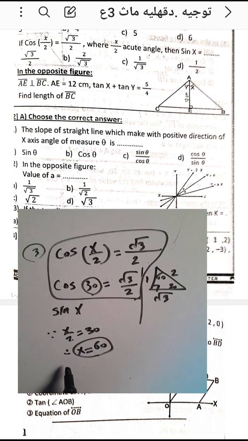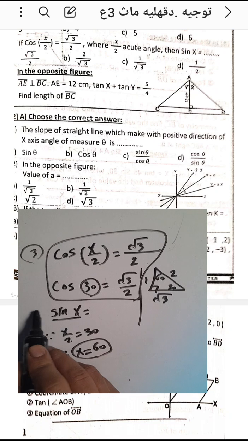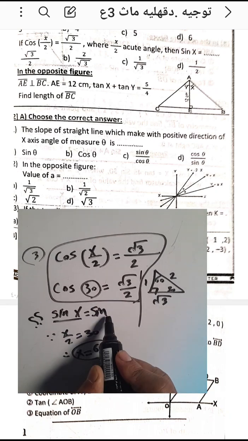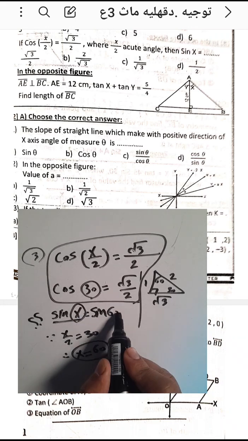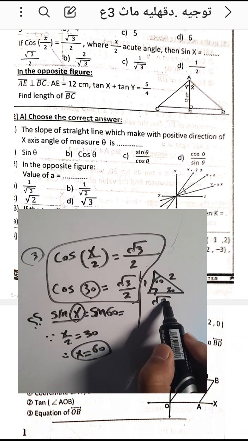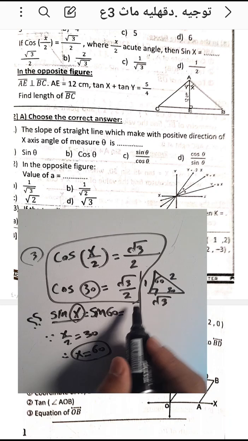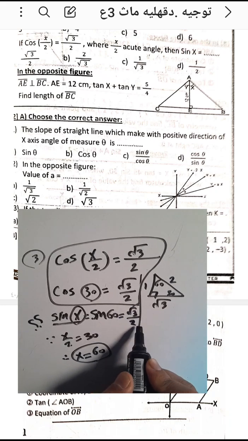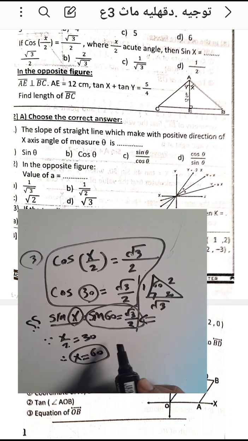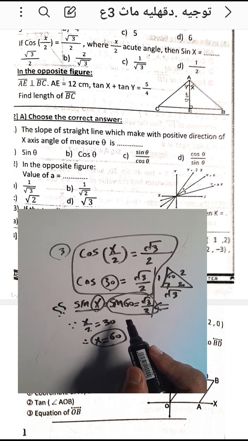Then we can find sine x, which is sine 60, opposite over hypotenuse, root 3 over 2. The result will be root 3 over 2. Choose the first solution.